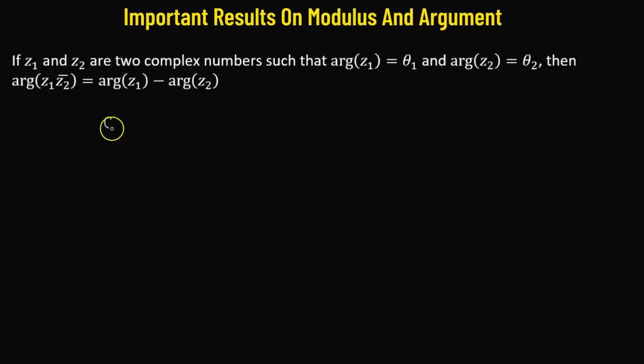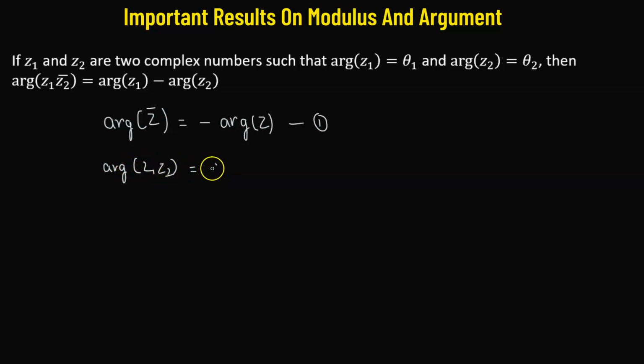That means if we have the argument of the complex conjugate of a given complex number z, that's simply equal to negative times the argument of the complex number z. So this is the first result that we will use. Let's label this as number 1. And the second result being, if we have the argument of the product of two complex numbers z1 and z2, this will be simply equal to the sum of the arguments of complex number z1 and complex number z2.